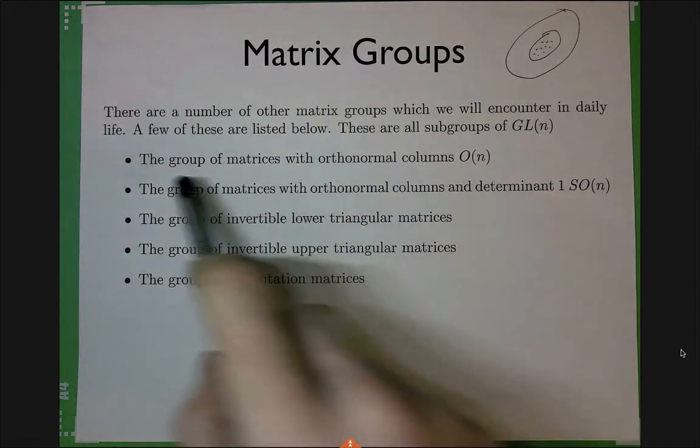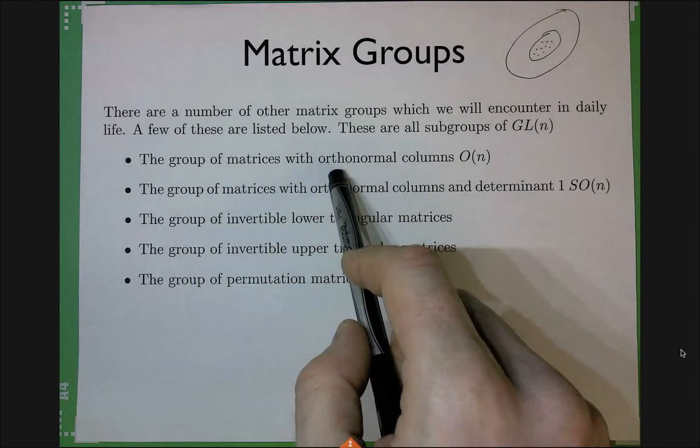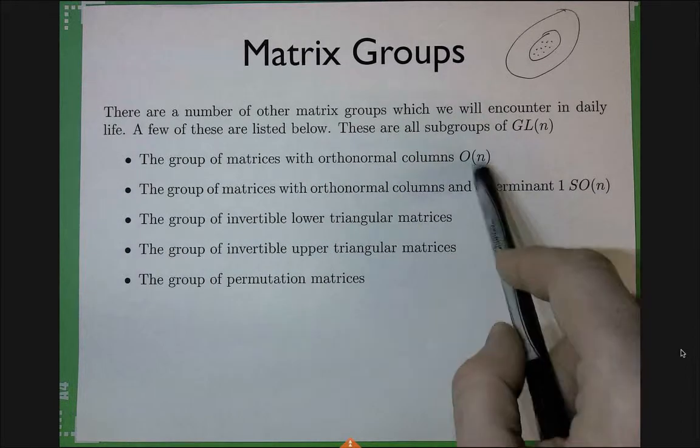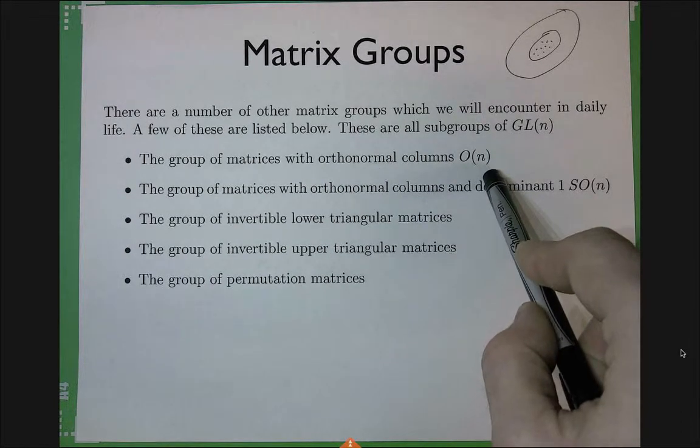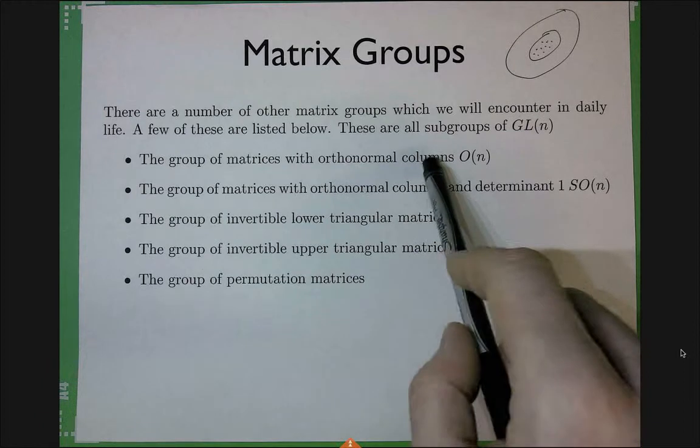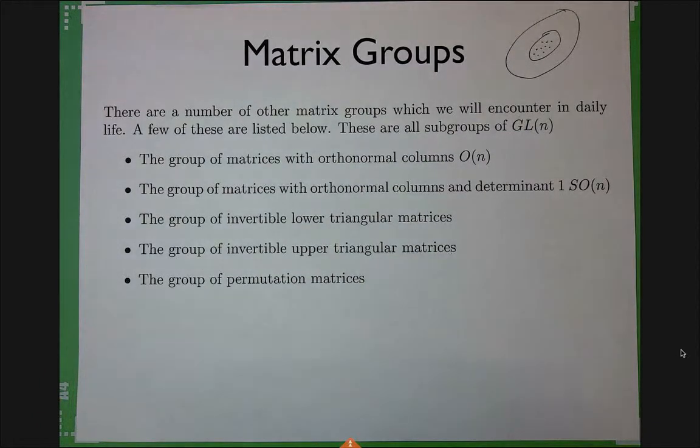One of them is the group of orthonormal matrices, the capital ON. It doesn't matter if it's orthonormal columns or rows, in both cases it's orthonormal. That's because if I multiply orthonormal matrices together, I get again an orthonormal matrix.